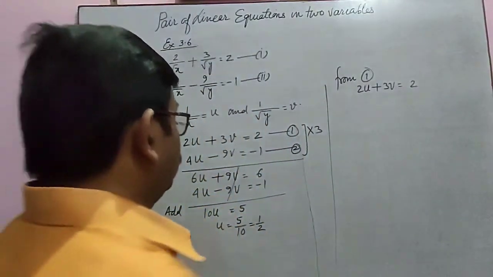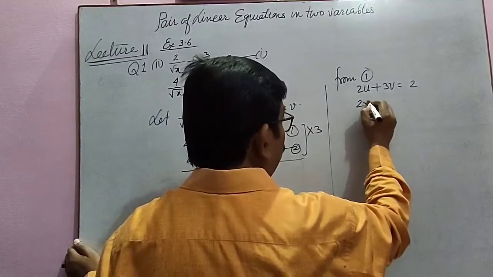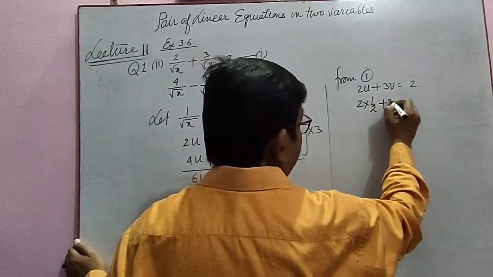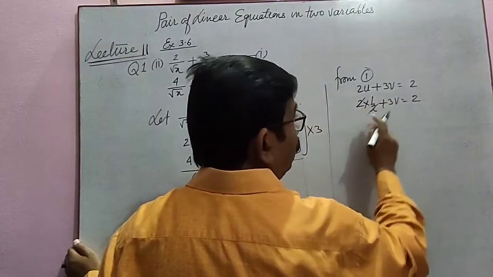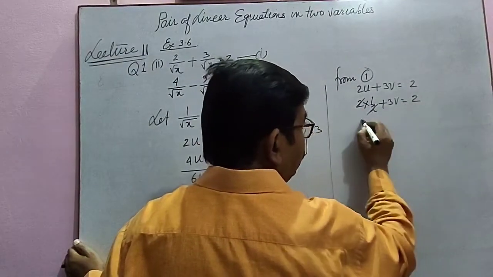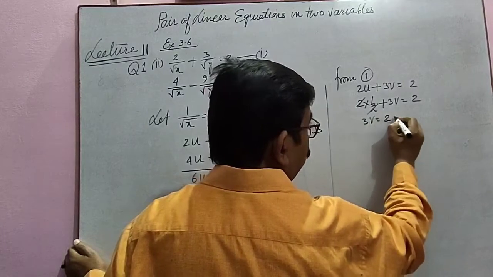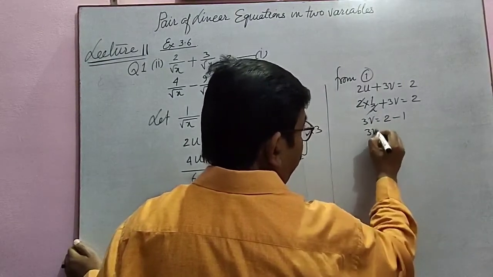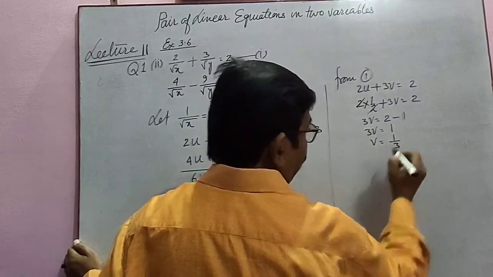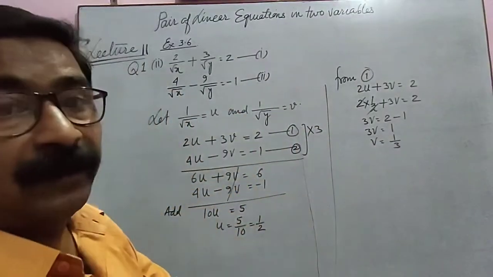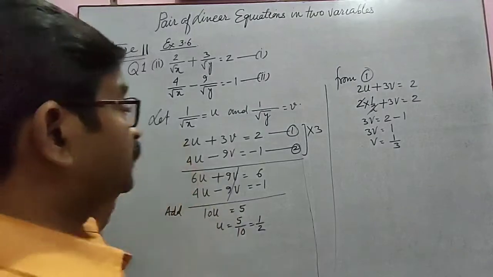Now put the value of u. 2 into 1 upon 2 plus 3v is equal to 2. This 2 and 2 will go. Send this 1 this side. 3v is equal to 2 minus 1. 3v is equal to 1. v is equal to 1 upon 3. Now we have to find the value of x and y since it is reciprocal.